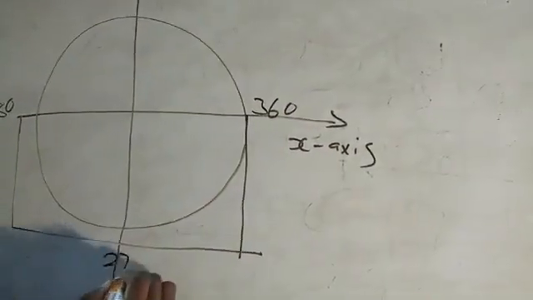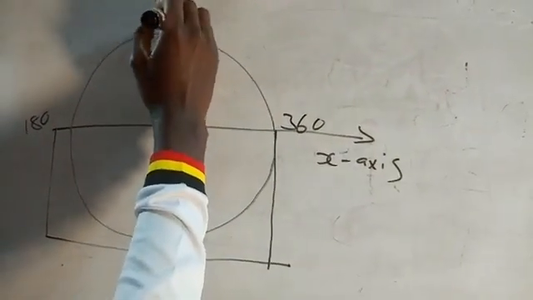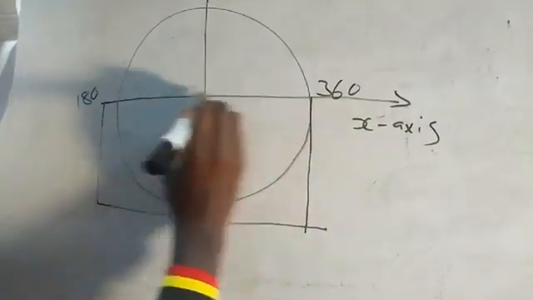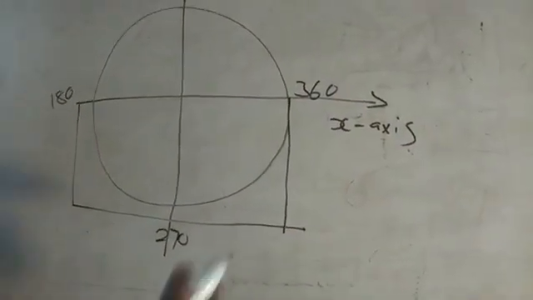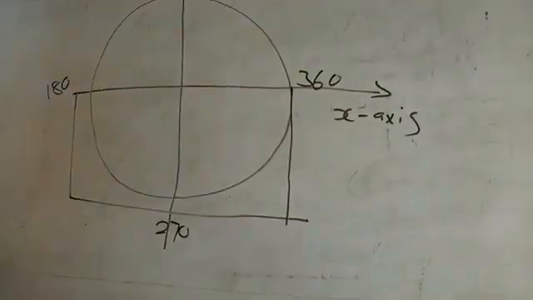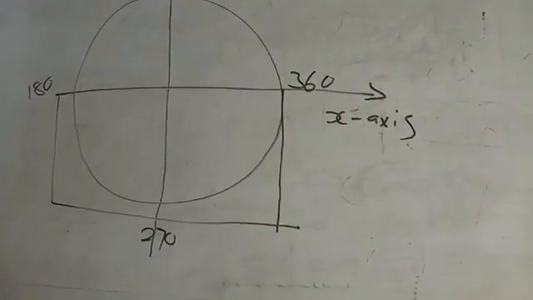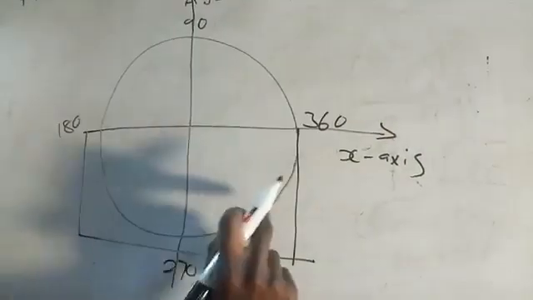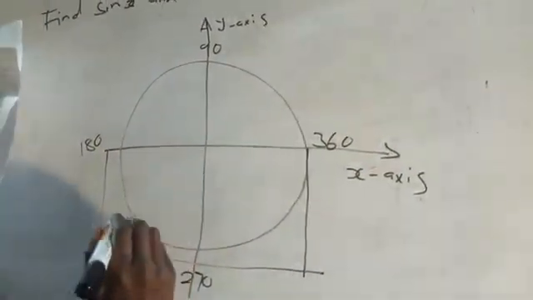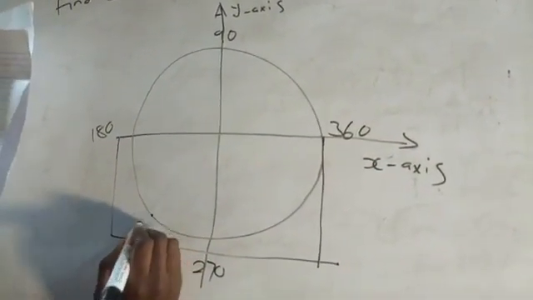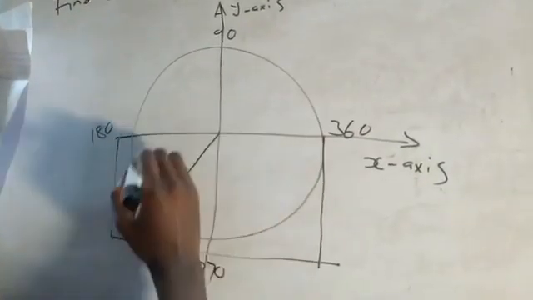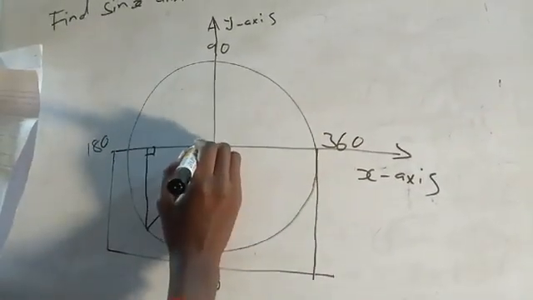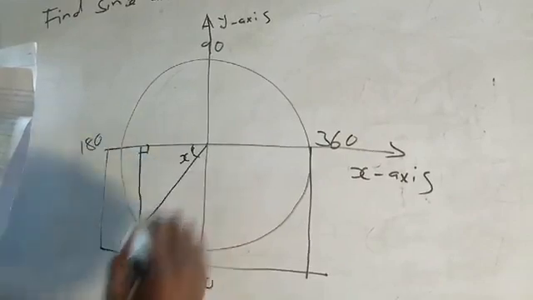This is 270 and this is 90 degrees. They want this region here, and they have given us a negative cos, and negative cos is only found in the third quadrant. In the fourth, it is positive. So our point X will be here.